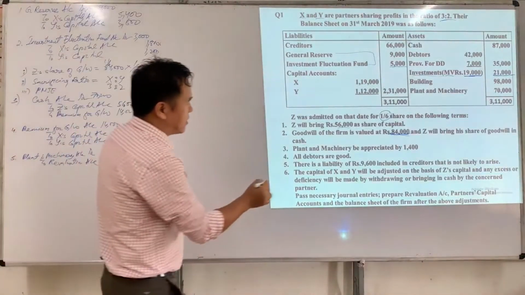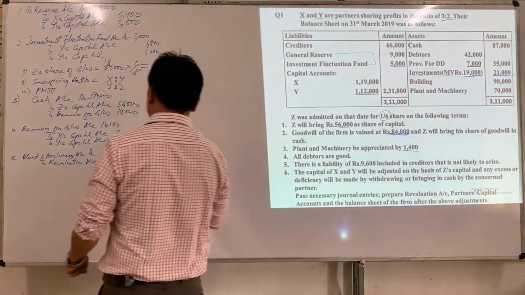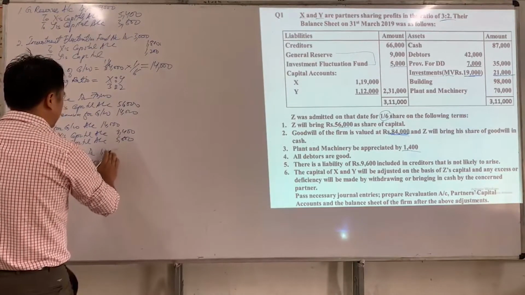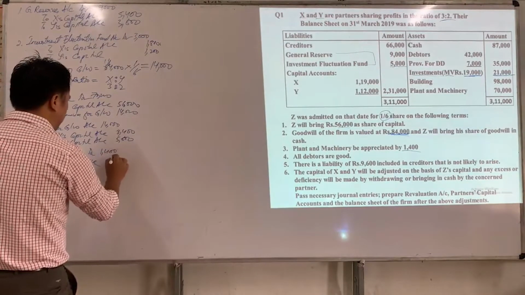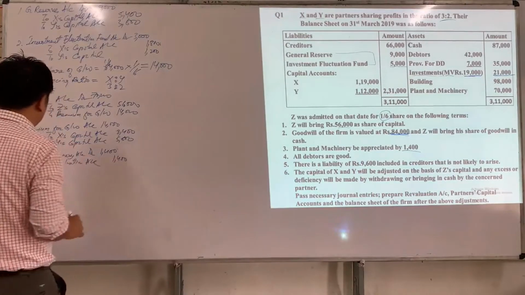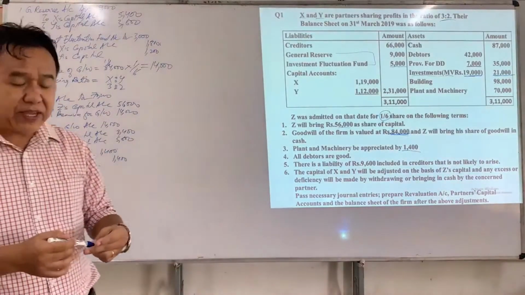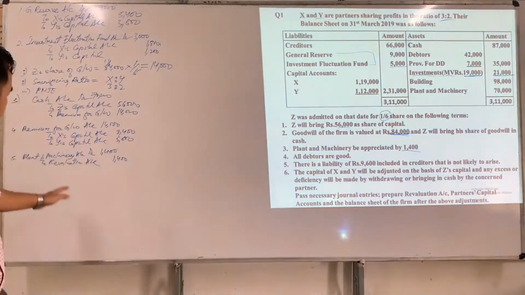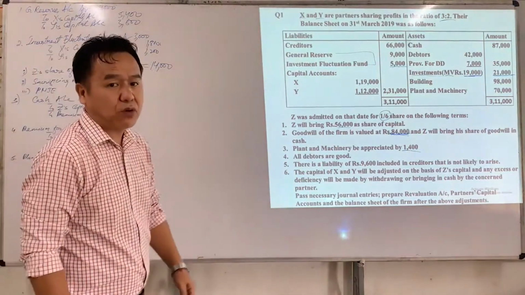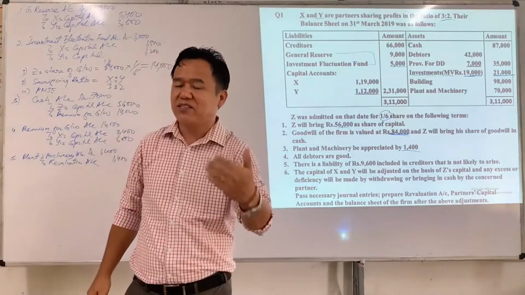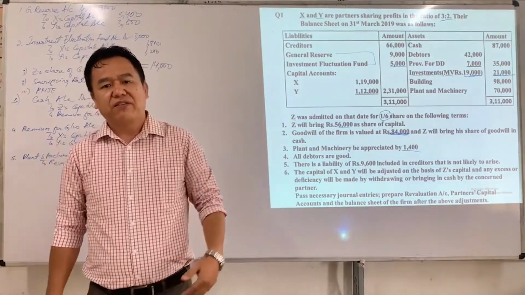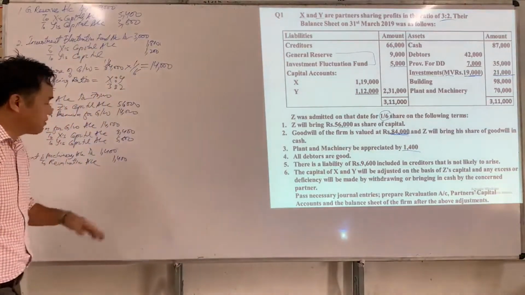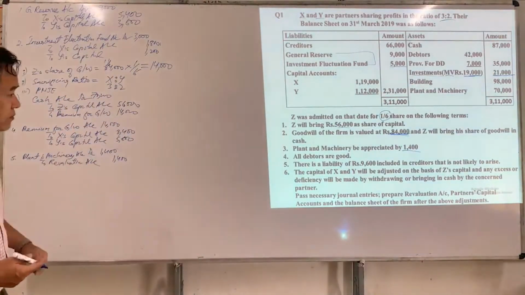It is increased by how much? 1,500. So we write the difference amount for the revaluation account. Here, plant and machinery being an asset of the firm, if an asset increases, it should be debited. Whereas revaluation account is credited because there is a profit on account of increasing the value of machinery. Whenever an asset increases, there will be a profit. That is why revaluation account is credited here.